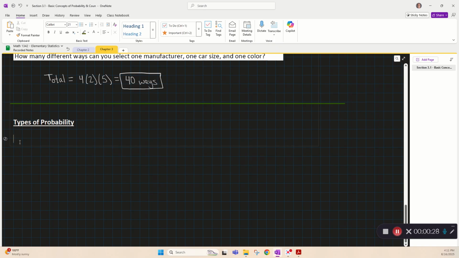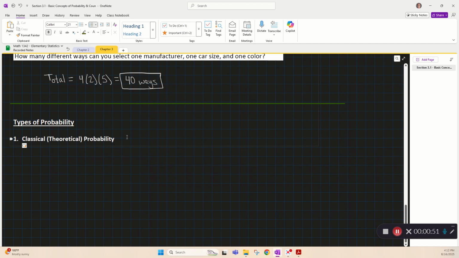So the first type that we have is called classical probability. Classical, or you also may hear it called theoretical probability. That's our first of our three types.